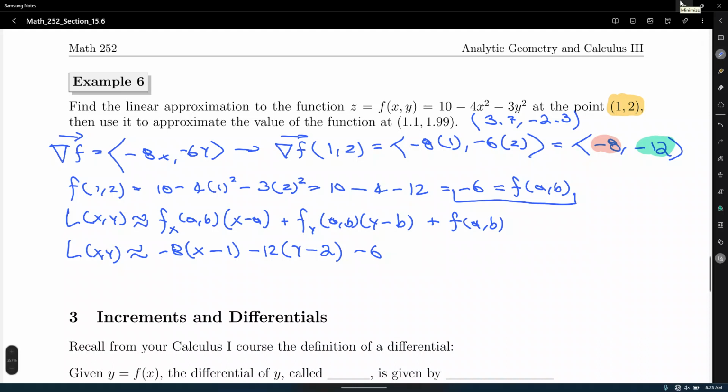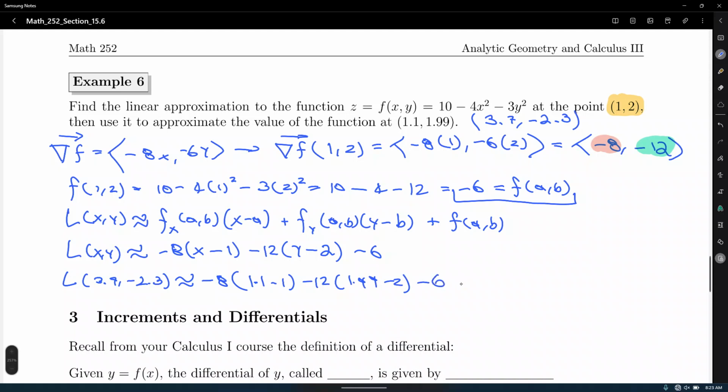All right? Okay, so let's approximate. Let's approximate 1.1, 1.99. That is negative 8 times 1.1 minus 1, minus 12 times 1.99 minus 2, minus 6. All right?